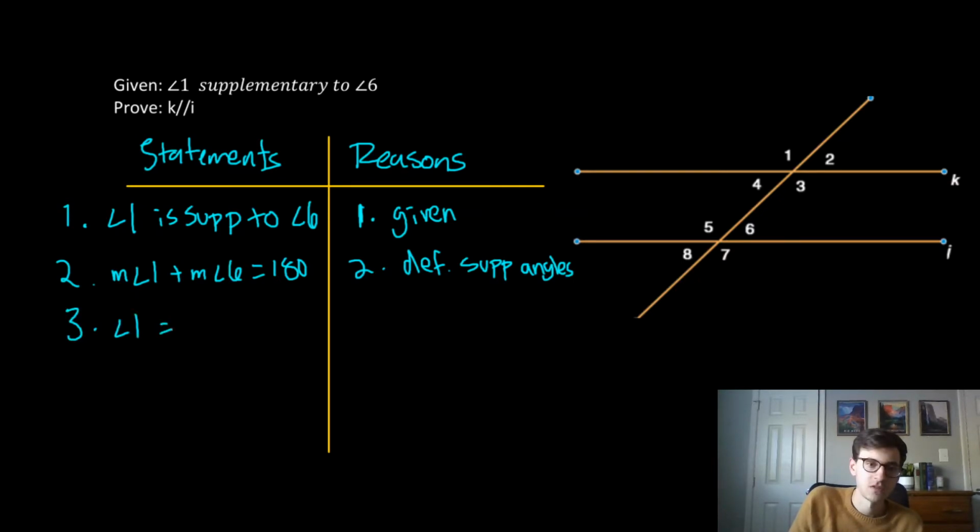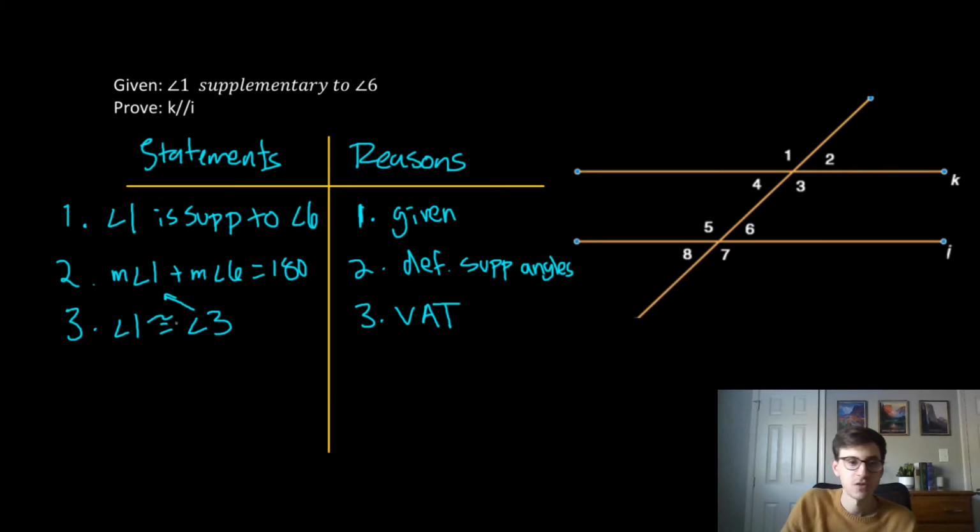Angle 1 is congruent to angle 3 by the vertical angle theorem. And before I can just substitute in, because it's really tempting to go ahead and substitute 3 in for 1, I need to say that their measures are equal, right? If I've got an equal sign here, before I can substitute in, I need an equal sign here.